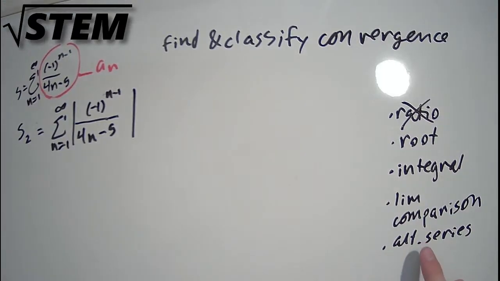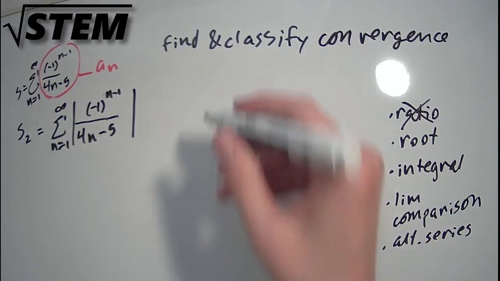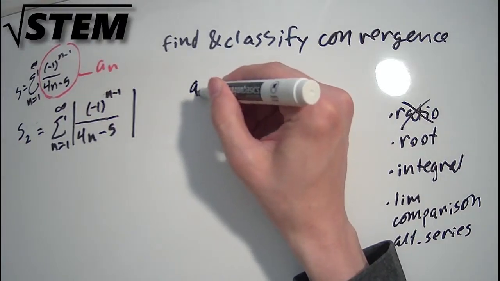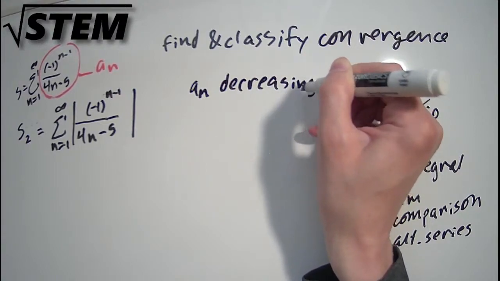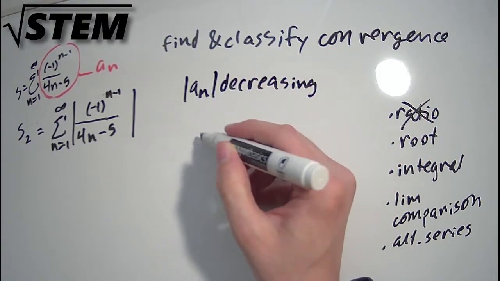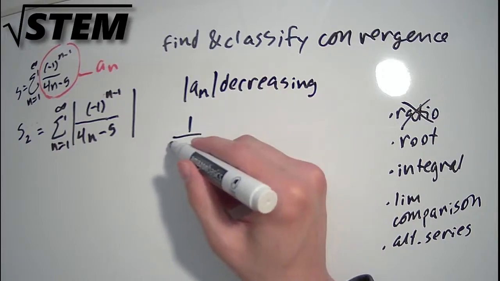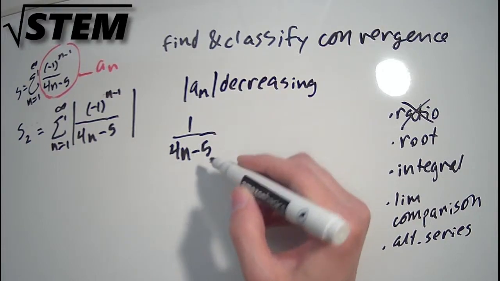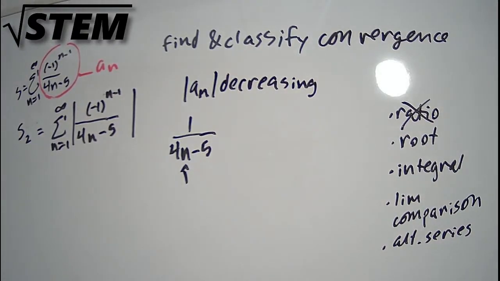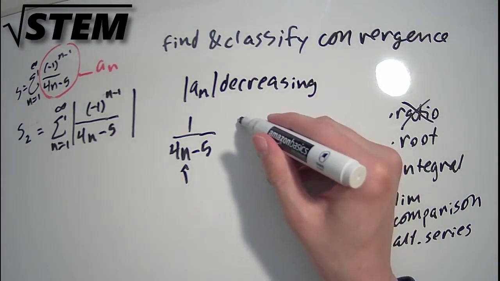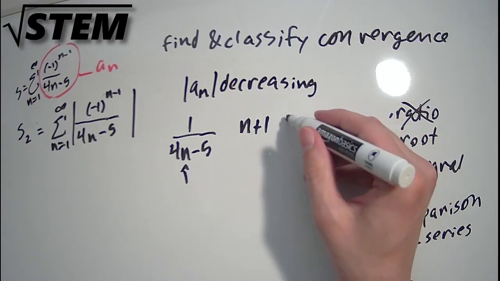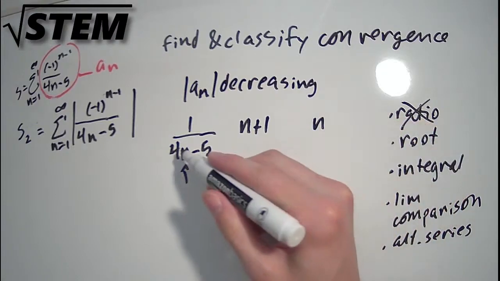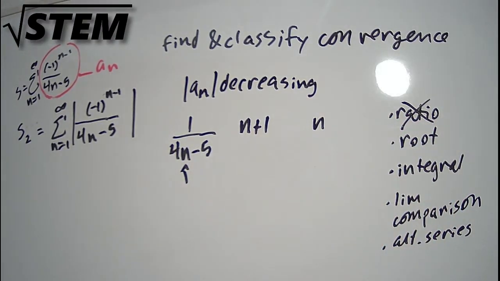With the alternating series test, we want to have an decreasing, or like the absolute value of an decreasing, and when we have 1 over 4n minus 5, this 4n is going to keep getting bigger, so the n plus 1 term will be less than the nth term because you're going to be dividing by a bigger number every time.